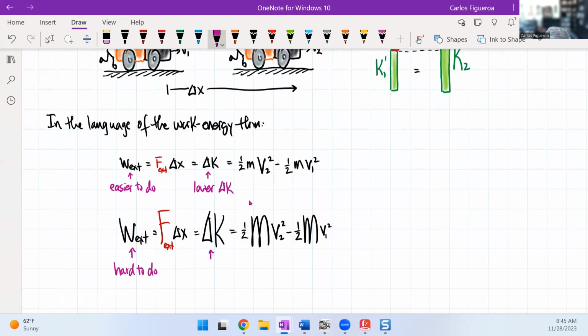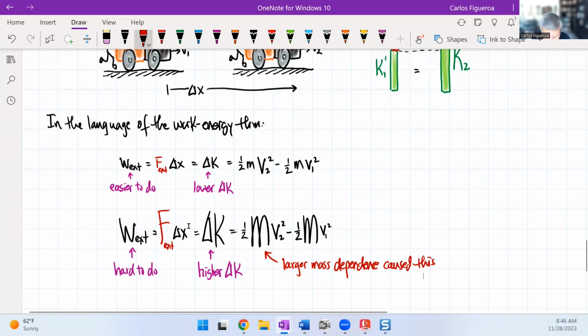Here, we end up with a higher change in kinetic energy. And the reason for that is because a larger mass dependence caused this. That's what we mean by its mass dependence.